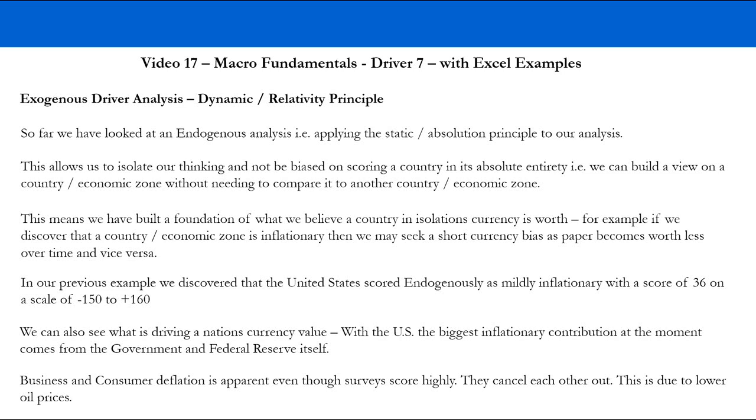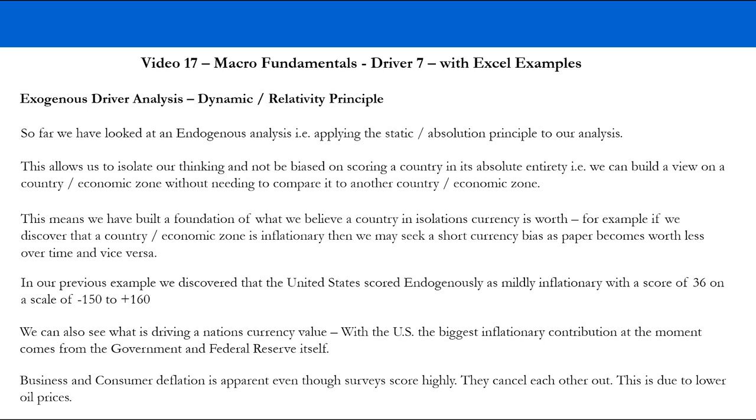If we see deflationary conditions, then because prices of goods are going lower, the paper itself is becoming worth more. It can buy more goods. So we'd look to have a long currency bias in those circumstances.